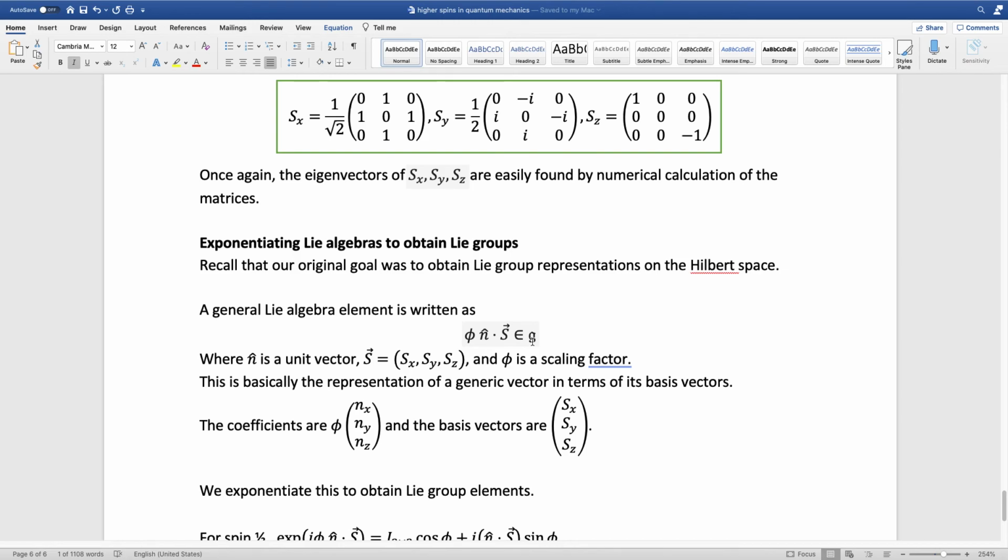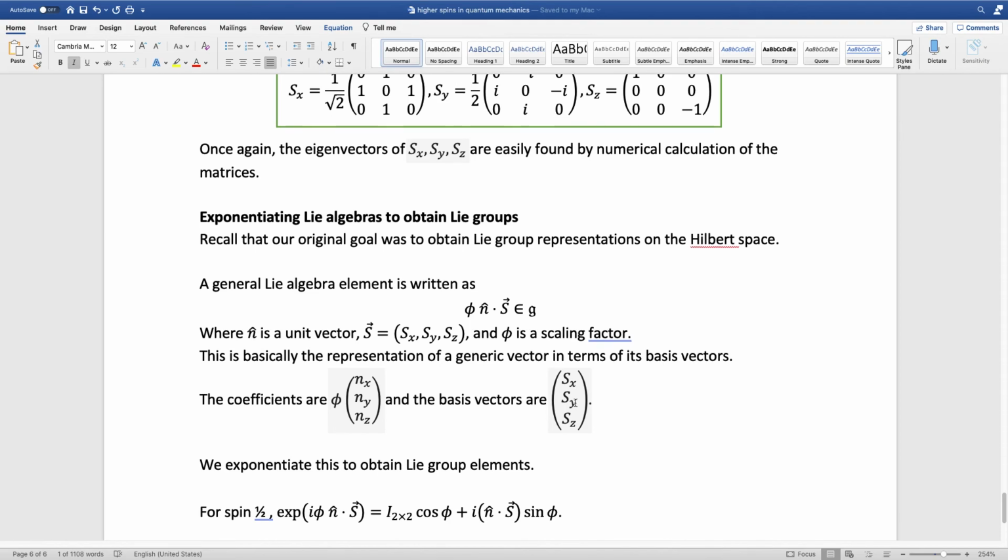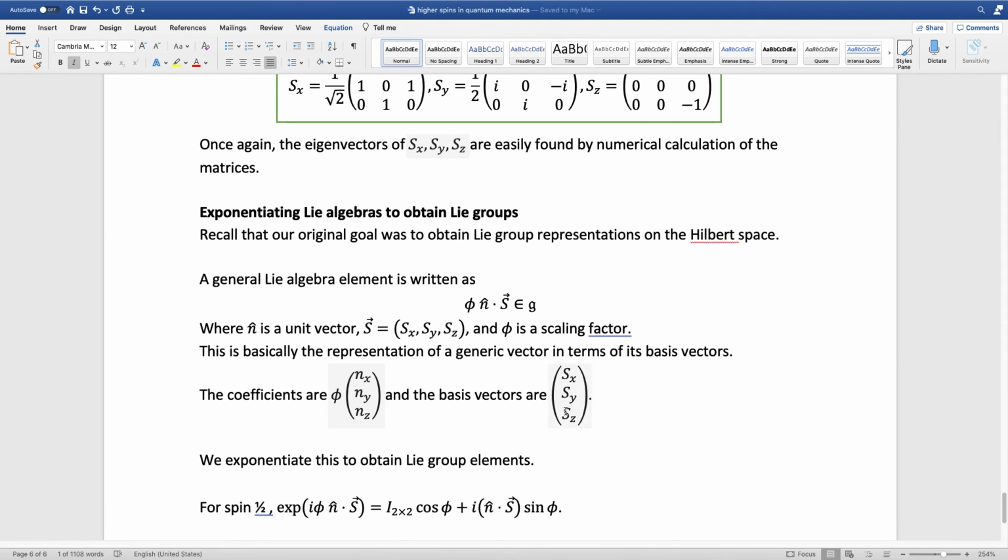And how do we do so? We do so by coefficients. So the coefficients are phi nx, phi ny, and phi nz, and the basis vectors are spin x, spin y, and spin z. Now, spin x, spin y and spin z are in the abstract sense, meaning the exact matrix that represents them depends on the spin j representation we choose.